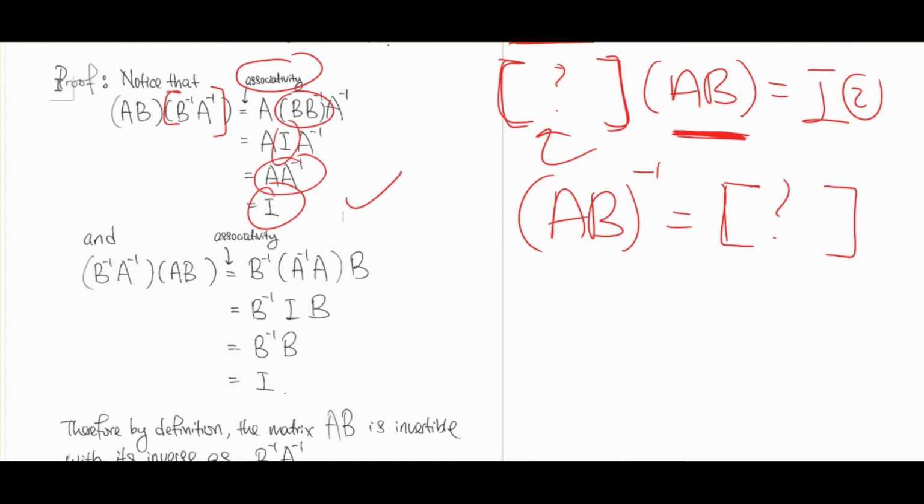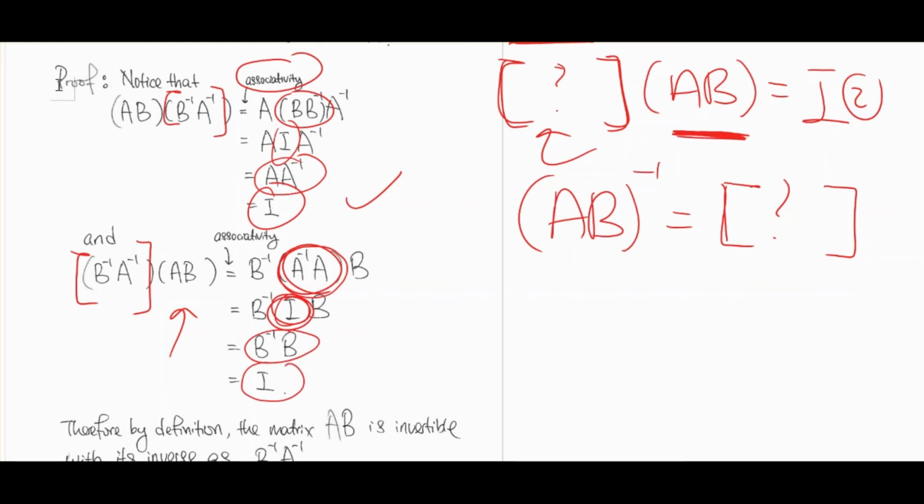So let's do that one more time. Put this thing right here on the left-hand side of AB, and again, use the associativity property and also the inverse property. We get this to I, and then here we get this to this, and this is this.